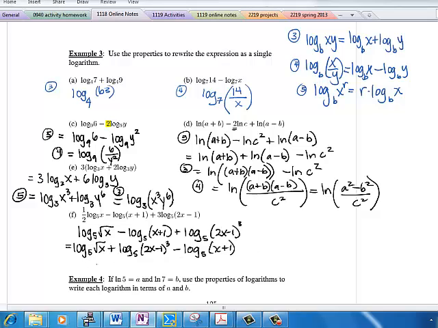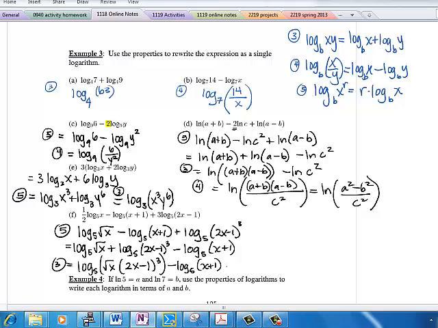Combine the first two into a product. So first we used property 5, then we reordered, and then we're using property 3. So we'll have log base 5 of square root of x times 2x minus 1 cubed.